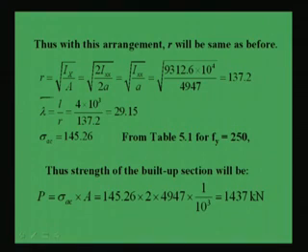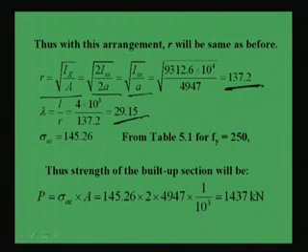Right. So, now how do we calculate strength? In a similar process, r is equal to root of Ixx by A, the same thing. Lambda we can find similarly as L by r, where L is the effective length, given as 4 meter or 4000 millimeter, and r is 137.2.